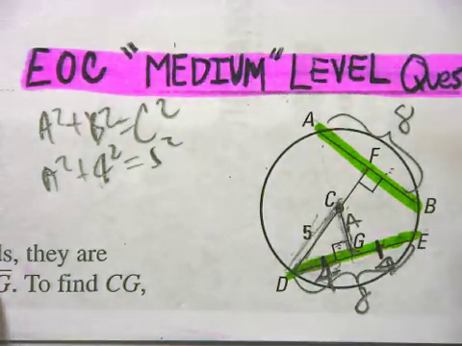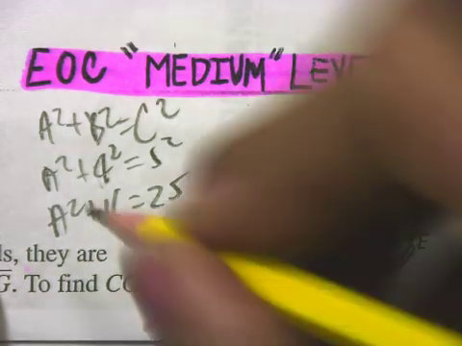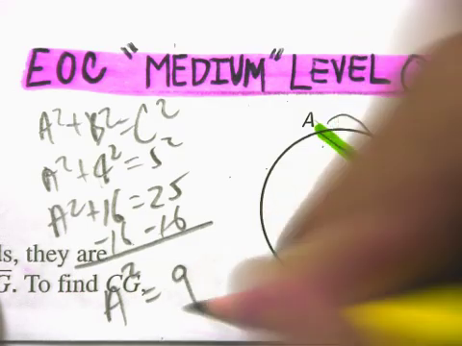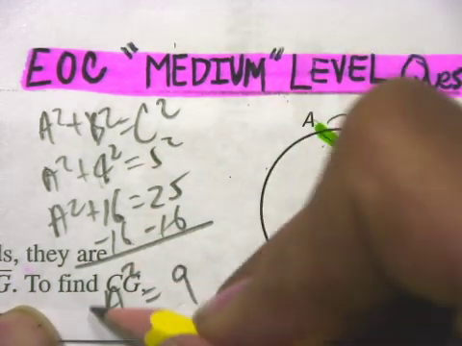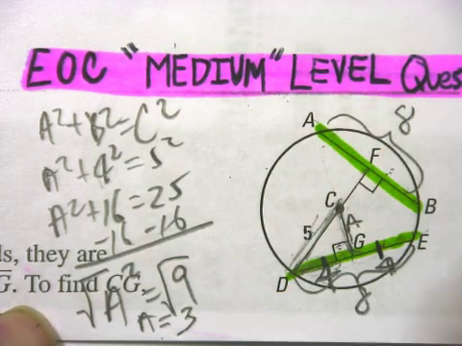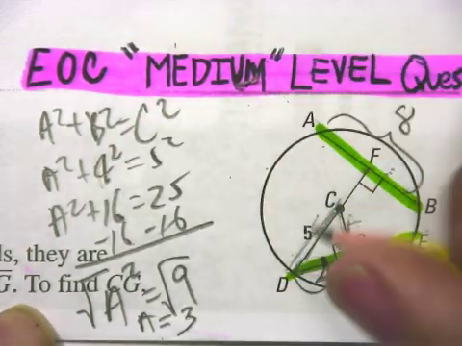Let's say this is my A of the leg, this is my B, and this is my C. All I would have to do is A squared plus B squared is equal to C squared. This would be A squared plus 4 squared, so A squared plus 16 is equal to 25. I subtract 16 from both sides, and A squared is going to be equal to 9.